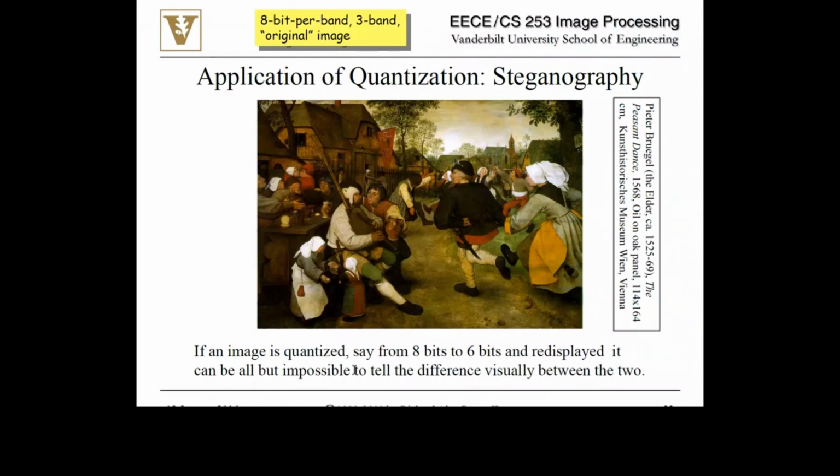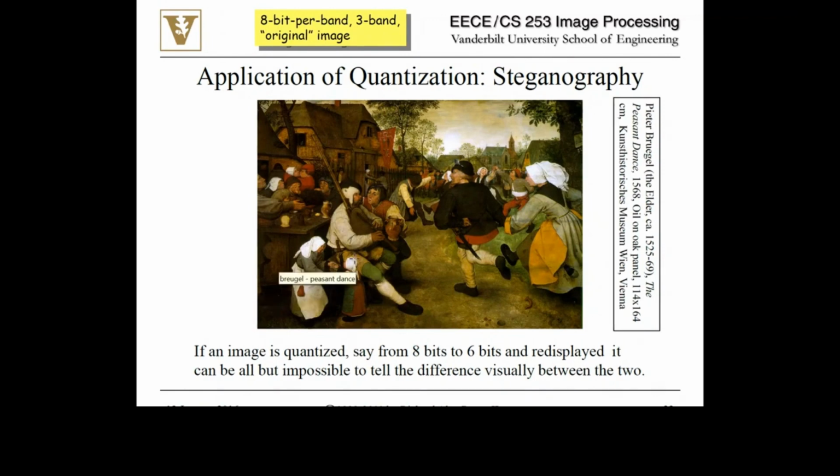And then we can use this fact for something that is called steganography. And actually the paper yesterday was a bit about this, watermarking. So we are going to hide information in an image. So let's say that we take this image and we can decrease its depth.